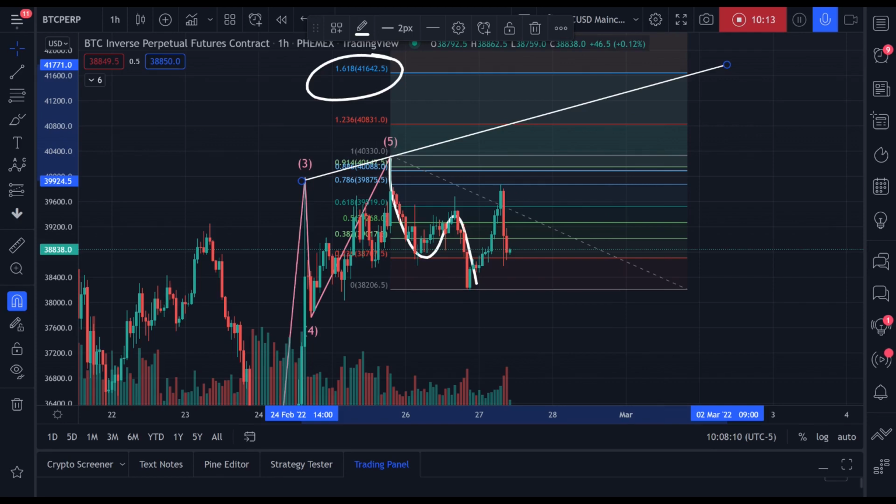I wouldn't anticipate reaching the target of 41.6 until March 1st, thereabouts, because I do see that our trend line doesn't allow for access. Obviously, price can break the trend line. I'm not saying that it can't, right? It's already touched it twice.